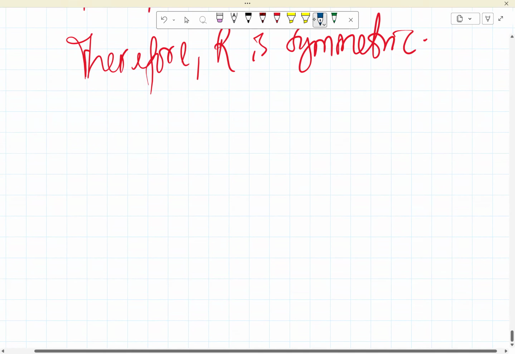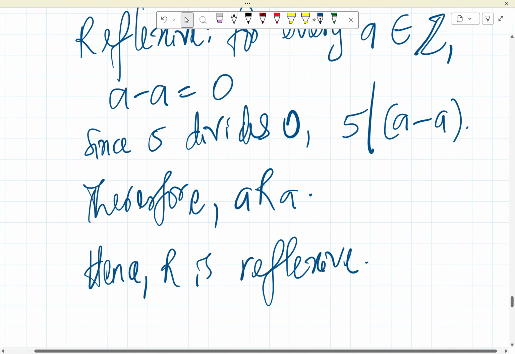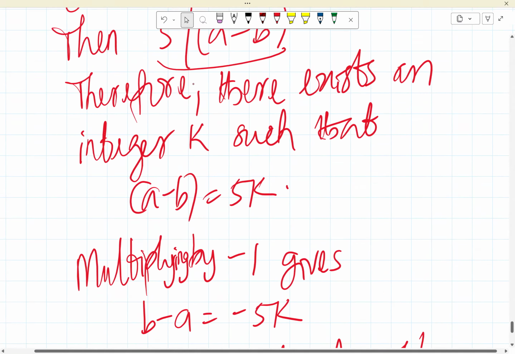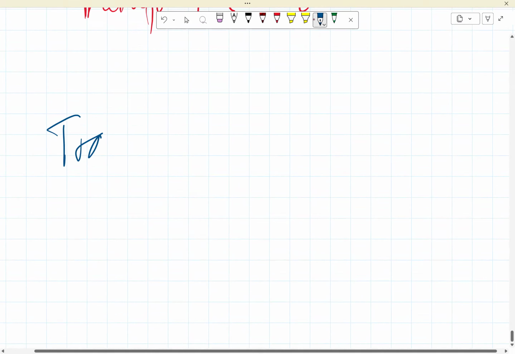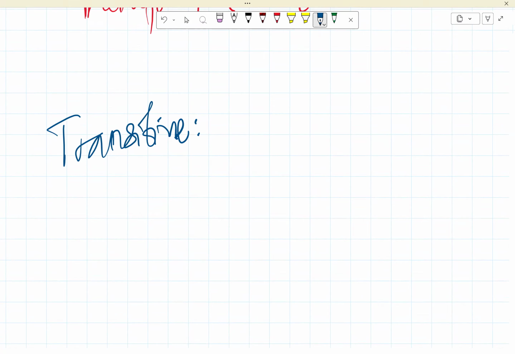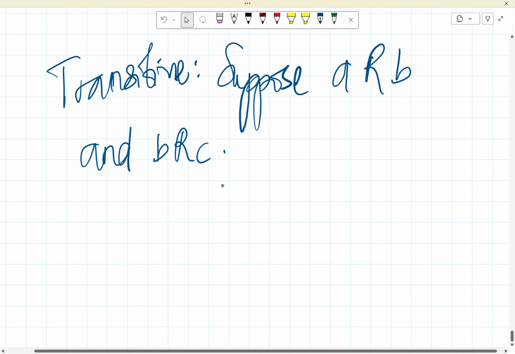So we have shown reflexivity, we have shown symmetricity. Now we need to show transitivity. The idea of transitivity is that if A is related to B, and B is related to C, then that implies that A is related to C. That's transitivity.